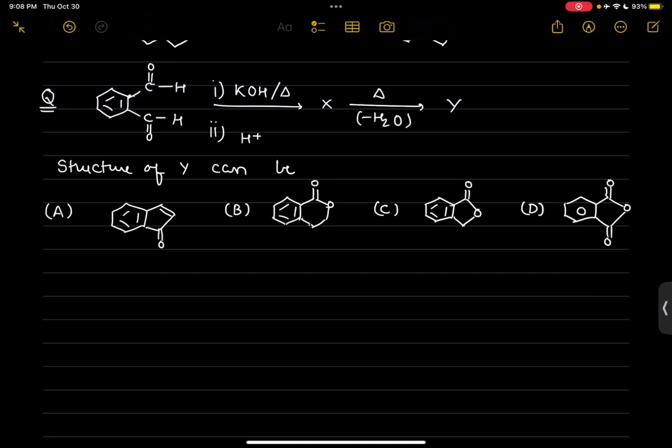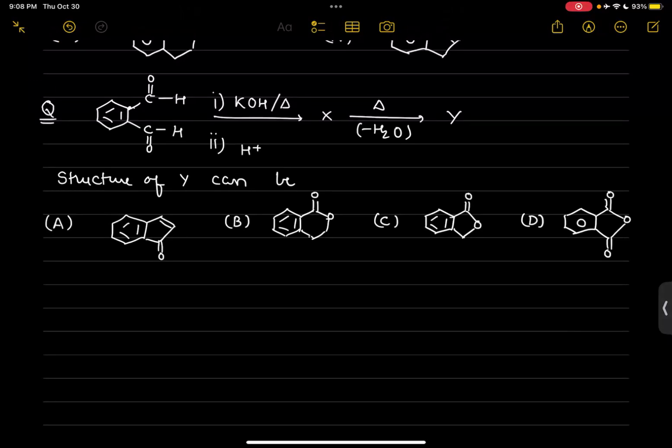So what will be the answer? Option A, B, C, D, which is the right option?